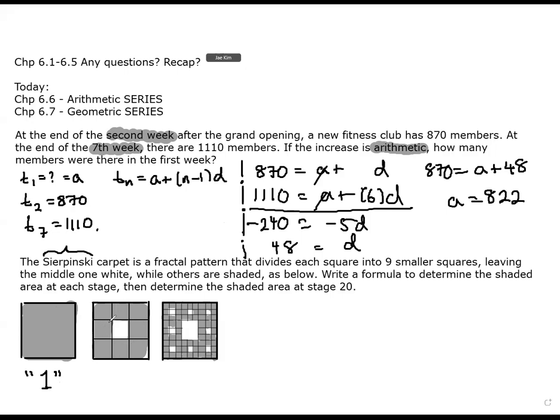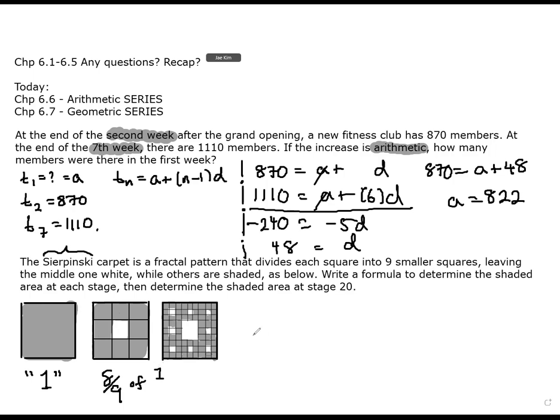How many pieces did I divide this carpet into? 9. How many of those pieces are shaded? 8. So in terms of the entire area, 8/9 of this entire carpet of an area of 1 is shaded, right?